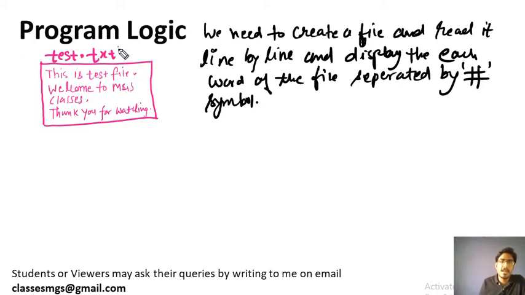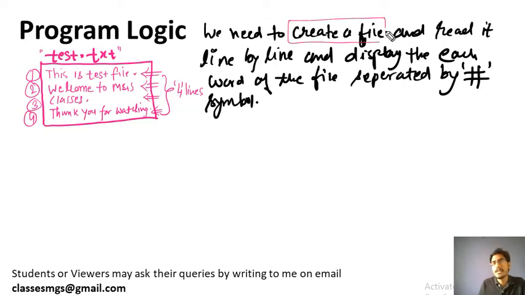This is a text file on your computer, and this is its content. In the desired output, this file contains, let's suppose, 4 lines: first line, second line, third line and fourth line.